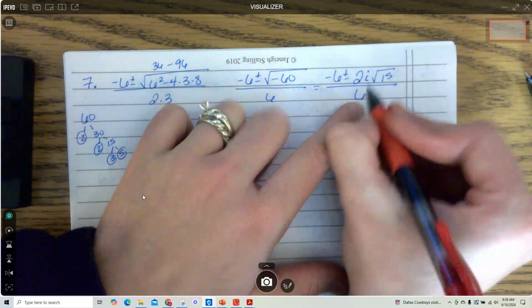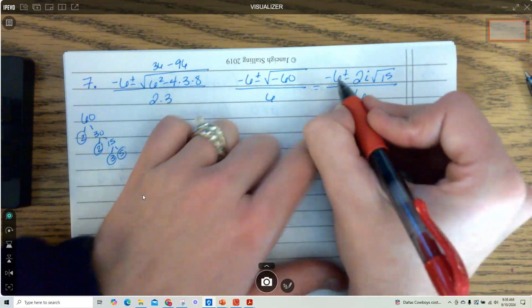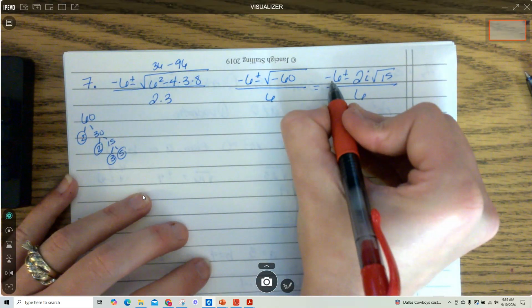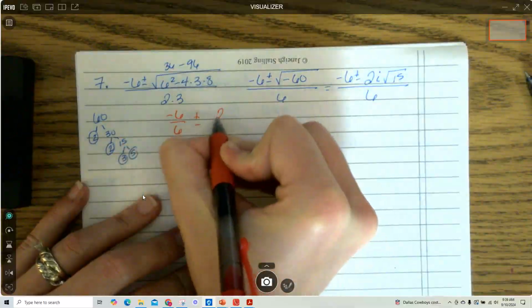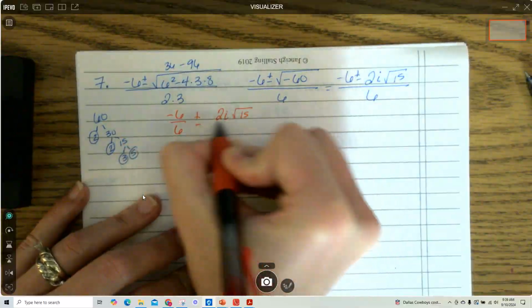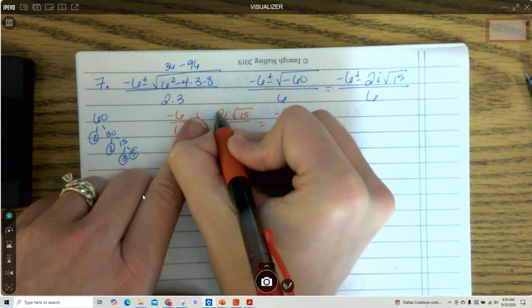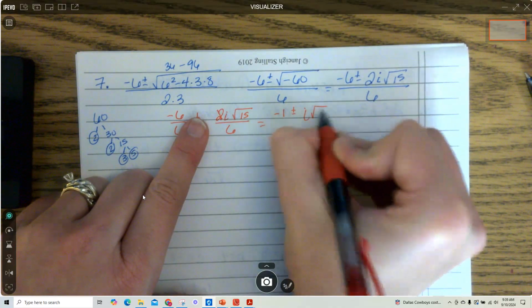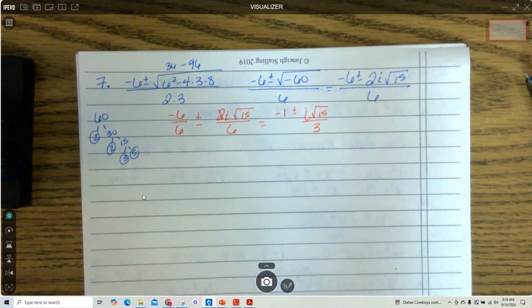So all I can do is factor a 2 out. Does that make sense? If I do it piece by piece, if I do negative 6 over 6 plus or minus 2i square root of 15 over 6, I get negative 1 plus or minus, and then this is all going to be a fraction still. They wanted you to keep it together. They want it all together.